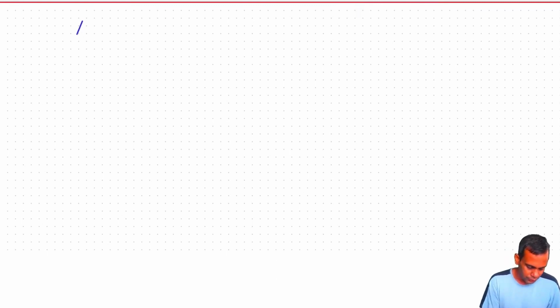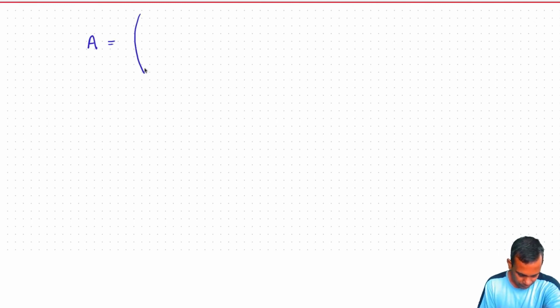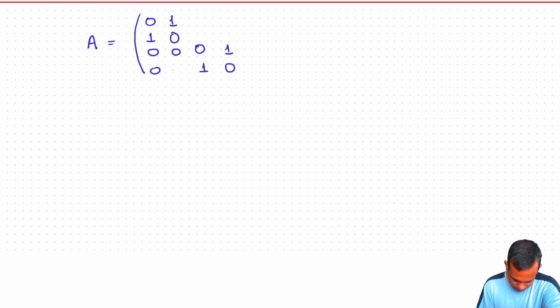So suppose A is in rational canonical form. So let's just take this one. This is a rational canonical form. Or better still is to see what the module is.